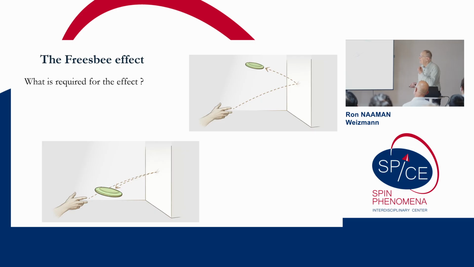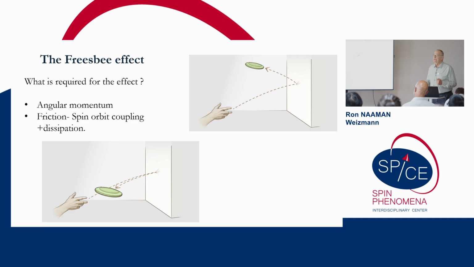What is required to have such a spin filter? First of all, we need the angular momentum, of course. Secondly, we need friction. Somehow, the Frisbee has to communicate with the walls. And the communication is done by friction in the classical way. And if we want to sound sophisticated, we will say in quantum mechanical terms, it's spin-orbit coupling and dissipation.